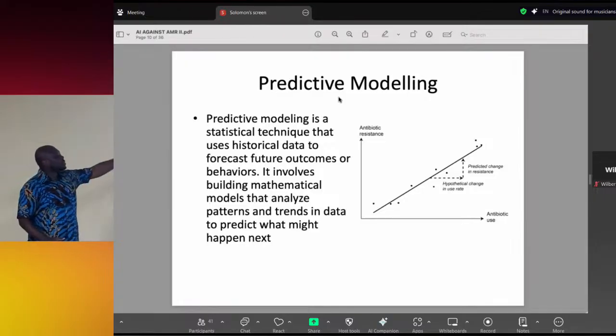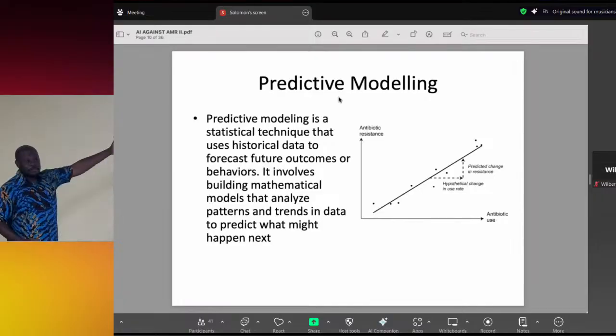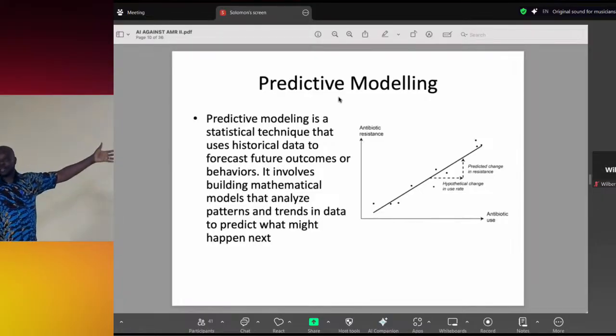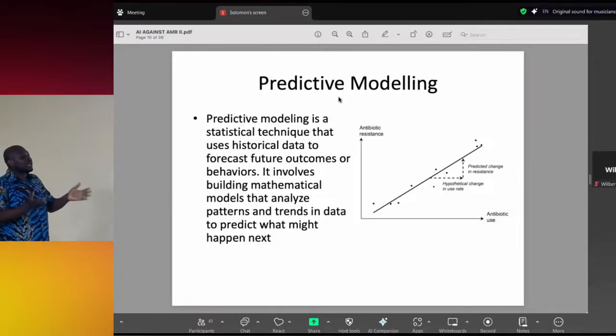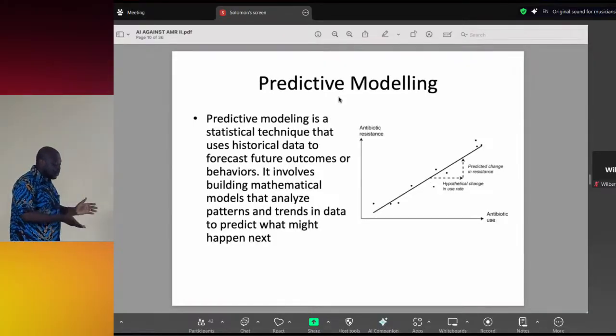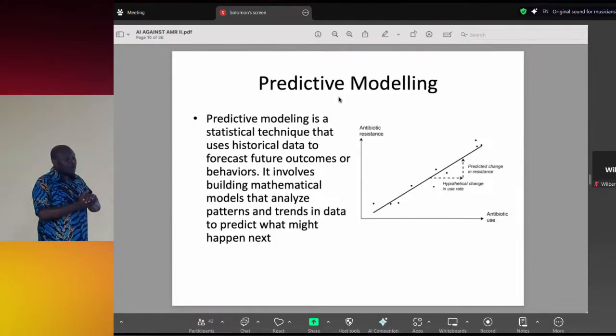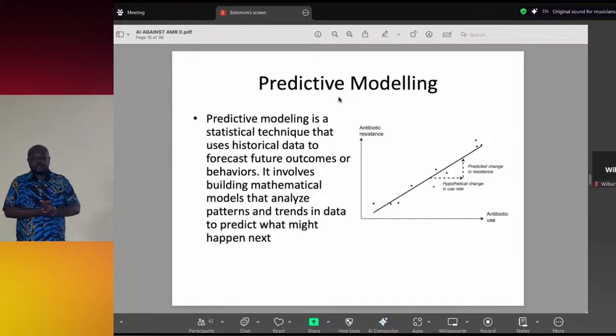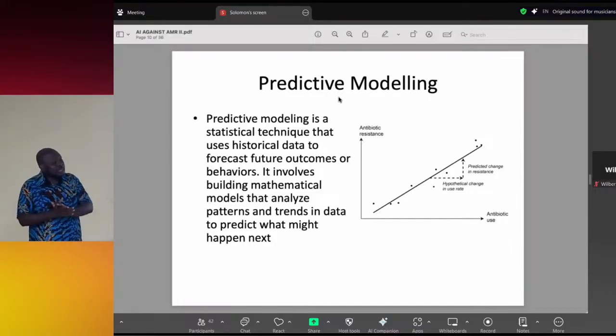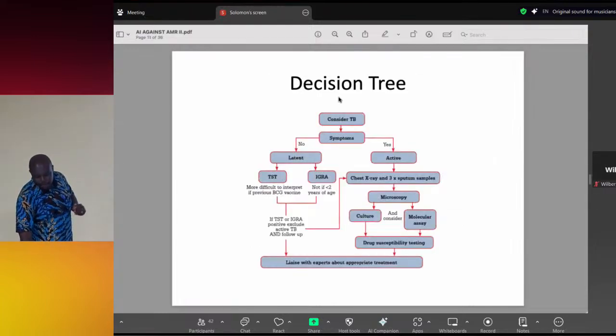You could plot this on a simple logistic regression curve, and you could obtain your line of best fit, and it becomes a predictor for you. You can predict what kind of disease or outcome or organism will most likely come, based on the pattern of the data you have. So these are ways we could harness AI to mitigate the disease.